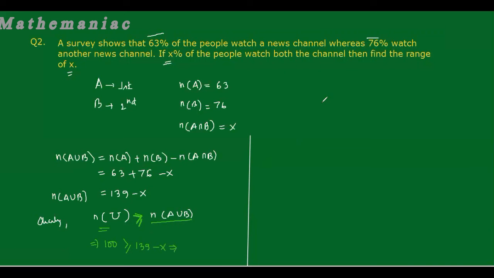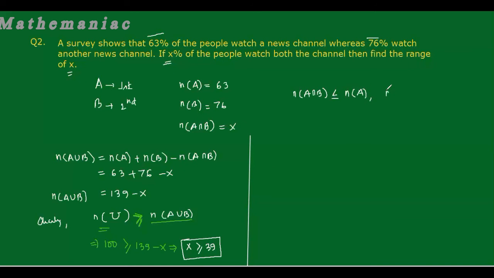Now if I try to solve this inequality, X will be greater than or equal to 39. So one part I got: X is greater than or equal to 39. Again, the common part is always less than or equal to the individual sets.